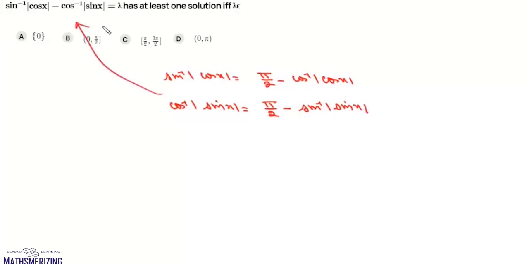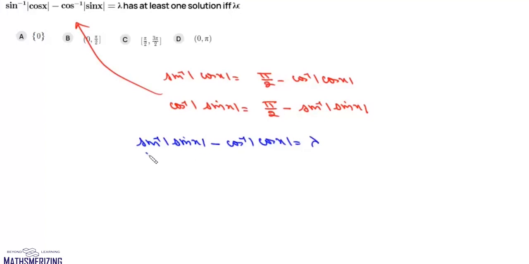Now we'll replace these two definitions, then we can simply write this as sin inverse of mod sin x minus cos inverse of mod cos x, and it should be lambda.